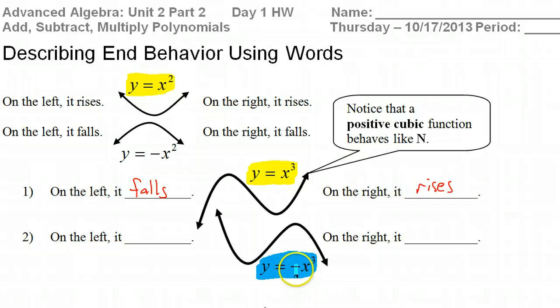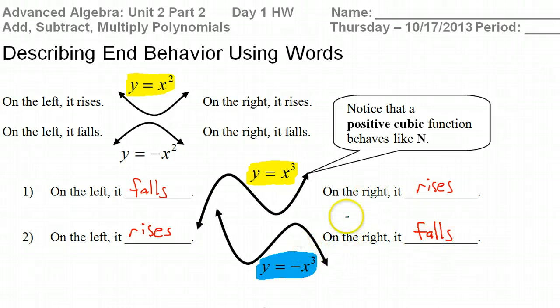By putting a negative in front, it's going to turn the entire function upside down. So it's going to go from a right side up N to an upside down N. An upside down N shape like this will change the end behavior. Now on the left, it rises, and on the right, it falls.